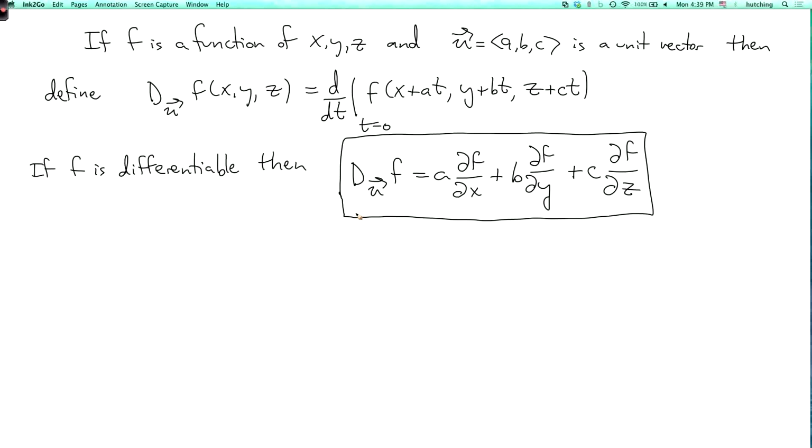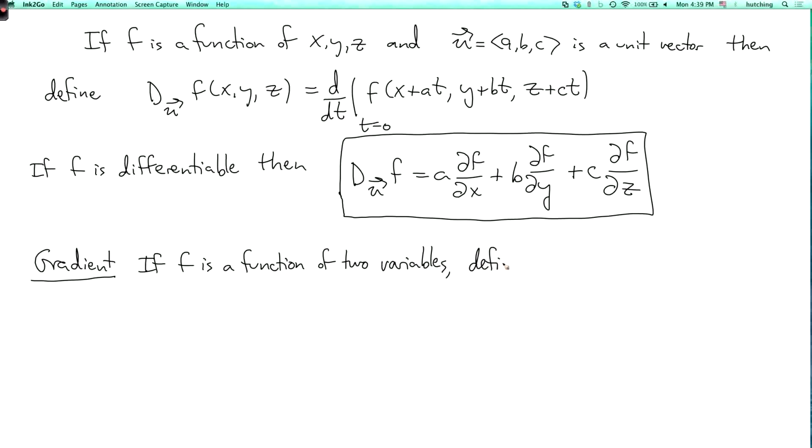Okay. Now there's a convenient way to package all of the directional derivatives using what's called the gradient vector. So if f is a function of two variables, we define the gradient of f at xy to be the following.